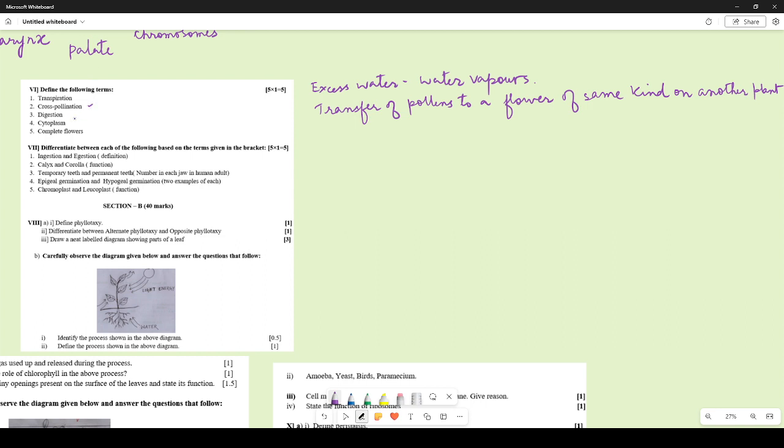Now digestion. Many of you have written it is the process of digesting our food. Arey wahi to pucha hai, what is digestion? You cannot write it is digestion of food. You have to write it is the breakdown of food into simpler forms.